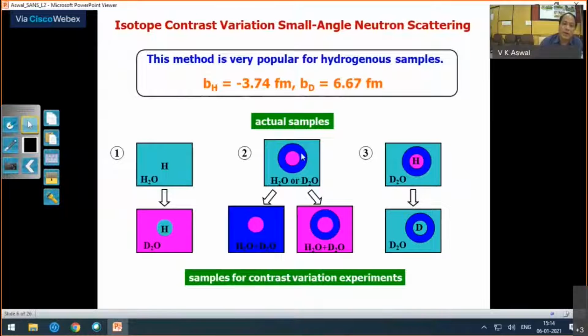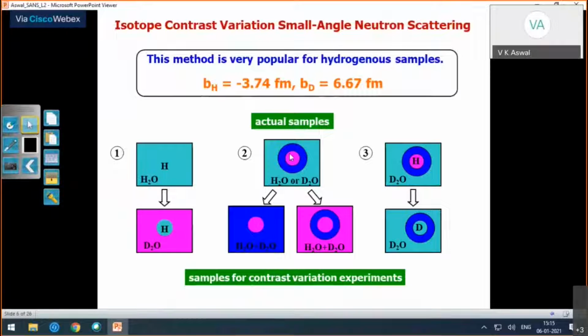So how do you make use of this technique to simplify your system in the case of isotope contrast variation for small angle neutron scattering? If you know about small angle neutron scattering, you should always prepare a deuterated solvent so that the visibility is enhanced. And then you can simplify.